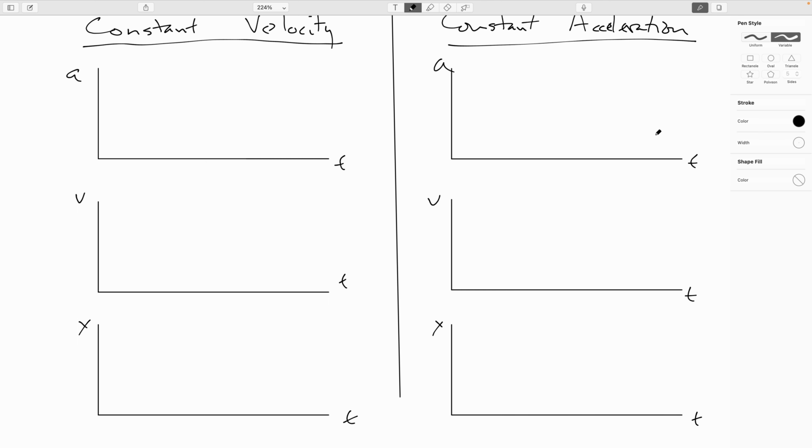So, in the case of constant velocity, the velocity is a constant. You'll have a horizontal line for the graph. And like I was mentioning, since the acceleration at any time is the slope of the velocity time graph, that would mean that specifically the acceleration would be 0.